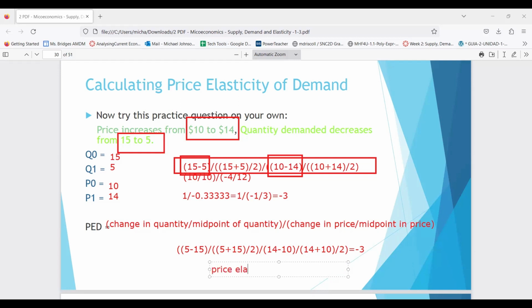So the price elasticity of demand will be elastic. So this is how you would do the price elasticity of demand.